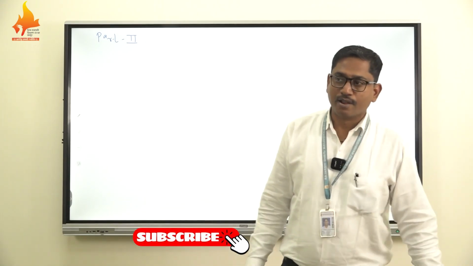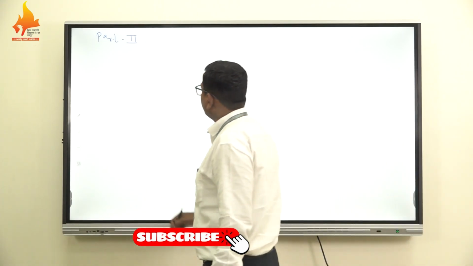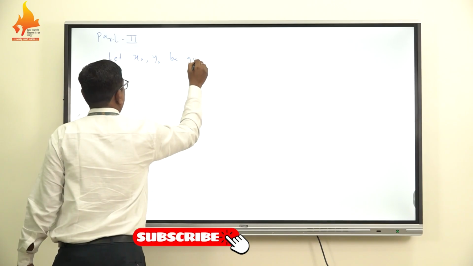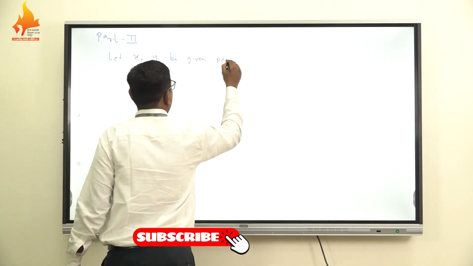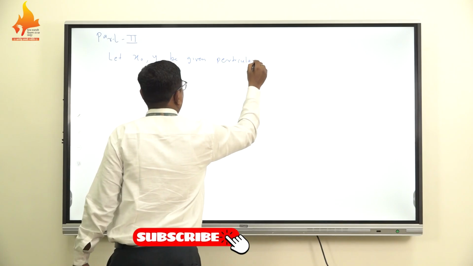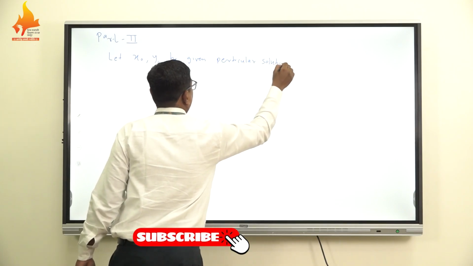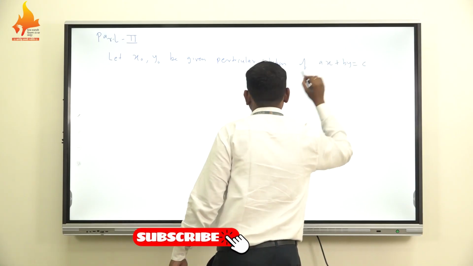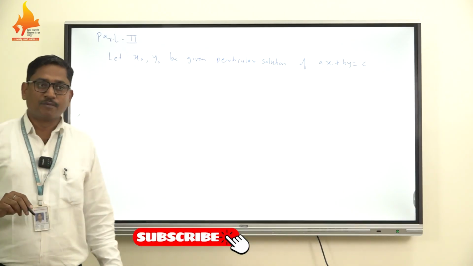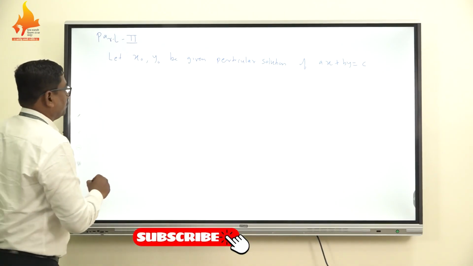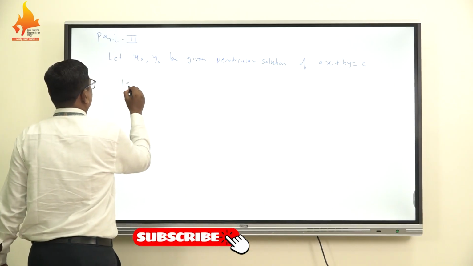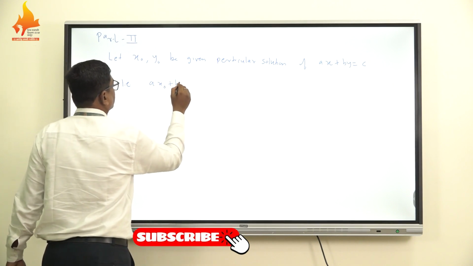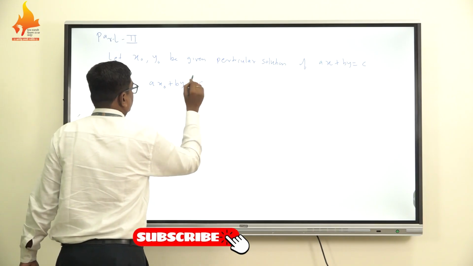Let x naught, y naught be a given particular solution of ax plus by equal to c. This is the given linear Diophantine equation in which the greatest common divisor of a and b divides c. What does solution mean? Solution means a x naught plus b y naught equals c.